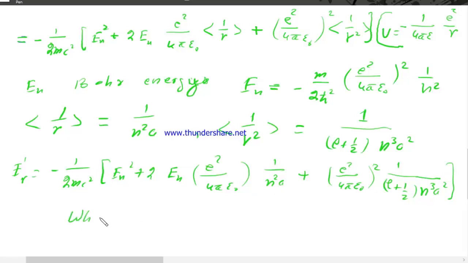And here the a is the Bohr radius, which is equal to 4πε₀ħ² divided by me².